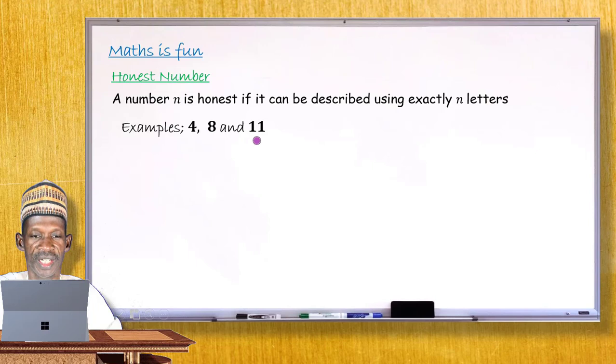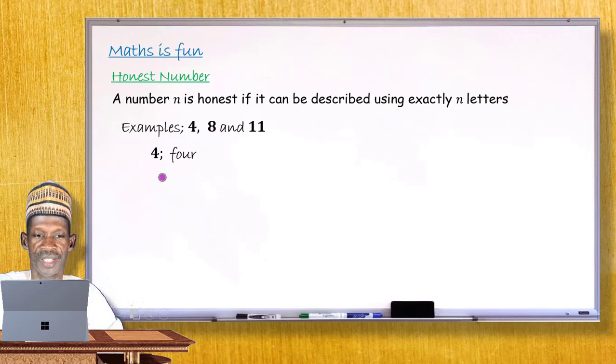Examples are 4, 8 and 11. All these are honest numbers because the number 4 can be written F-O-U-R in words. So I used exactly 1, 2, 3, 4 letters, which is exactly the same as the number itself. So 4 is honest because it can be described in words using exactly an equal number of letters as the number itself, that is 4 letters.